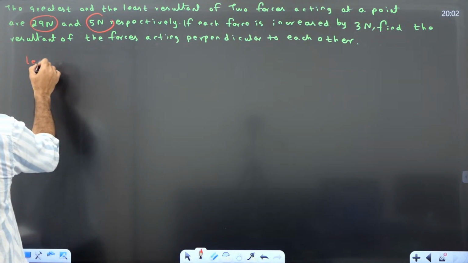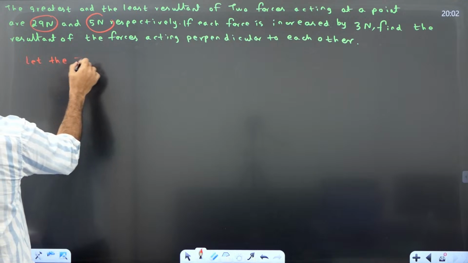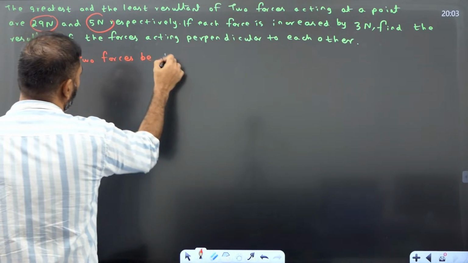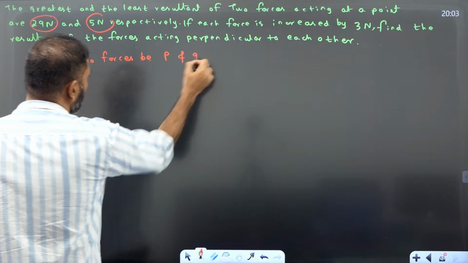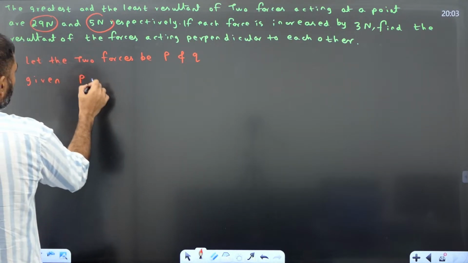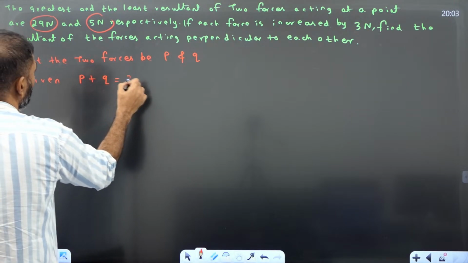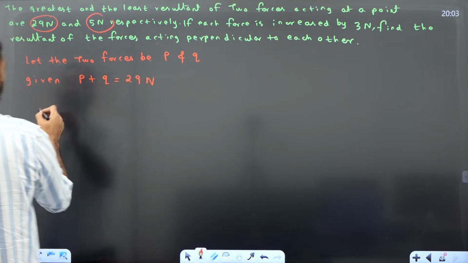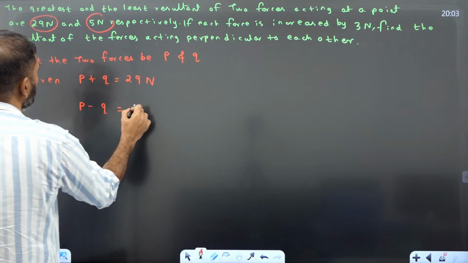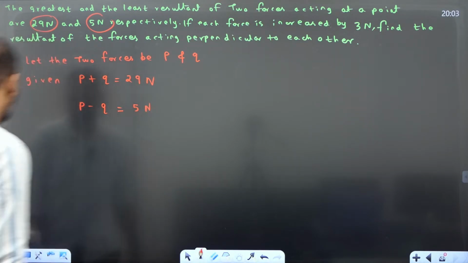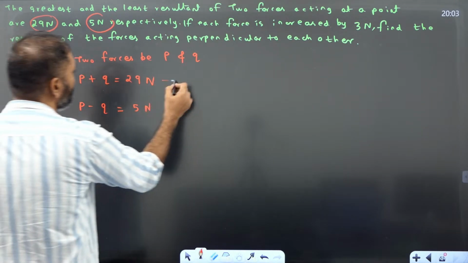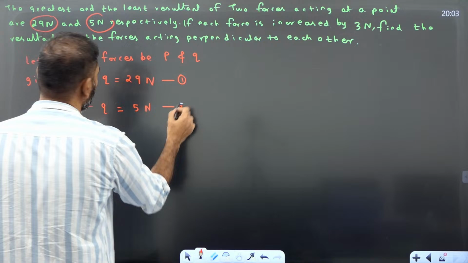Let the two forces be P and Q. Greatest means P plus Q is equal to 29 Newton. Least means P minus Q is equal to 5 Newton. Any doubt? Let this be equation 1 and this be equation 2.